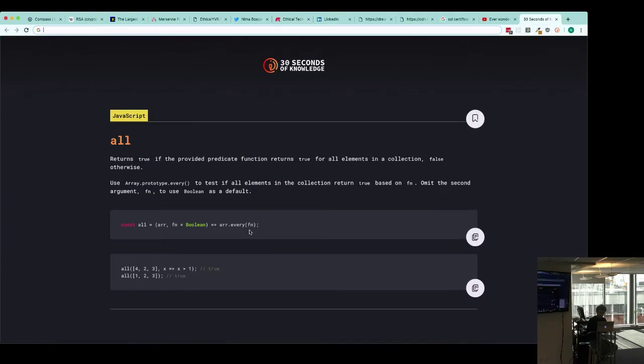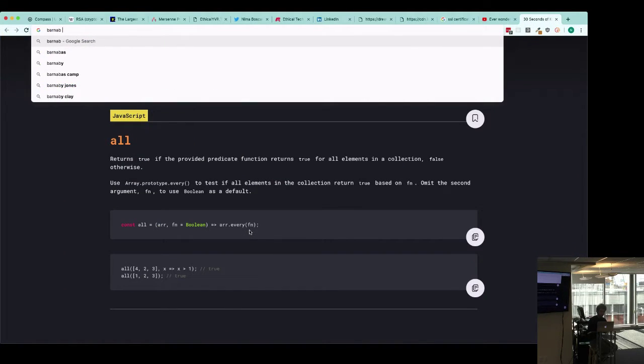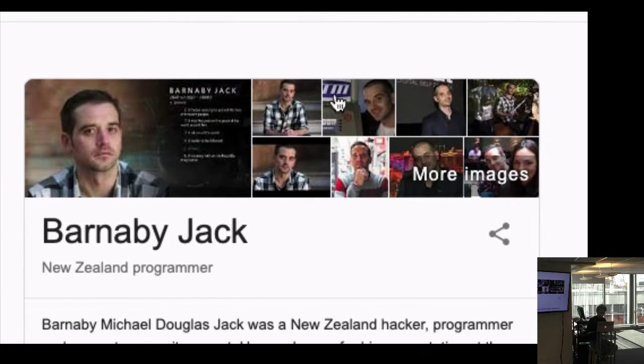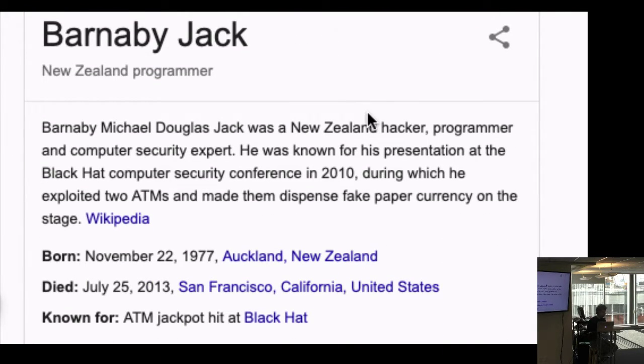So, for example, there's this person called Barnaby Jack. Barnaby Jack was a hacker from New Zealand and an expert in computer security.